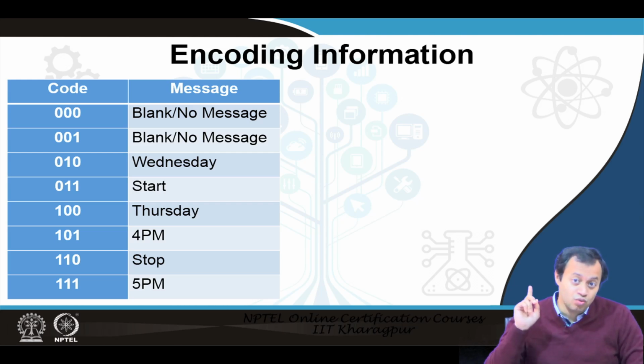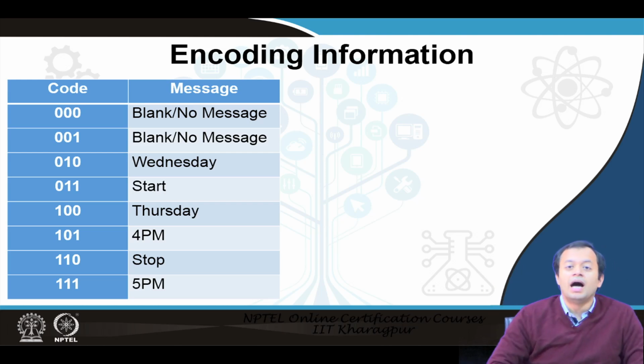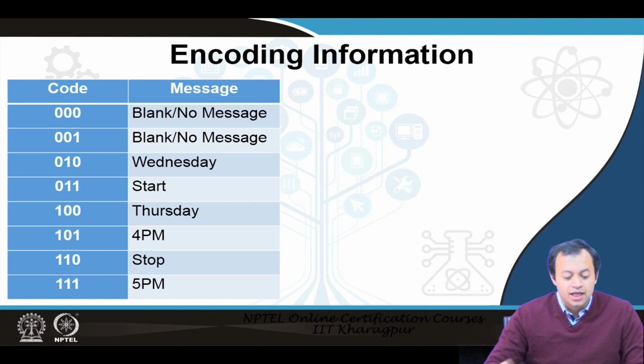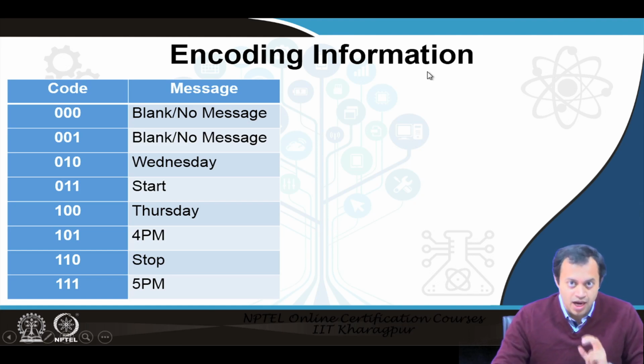So, I am going to use that metaphor to explain how information is coded in DNA. If you are curious, follow me. The spy was given this information that he will receive streams of bits containing zeros and ones. And these zeros and ones will contain messages, but there are certain rules. What are the rules? Pay attention. The message will always be in triplets, 3 bits at a time will have messages.